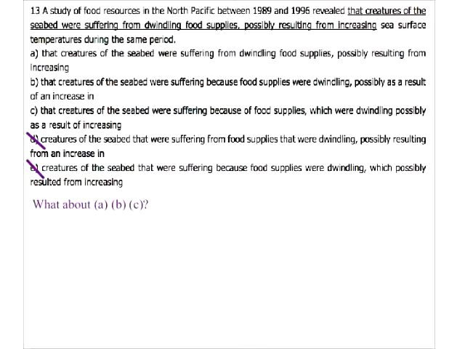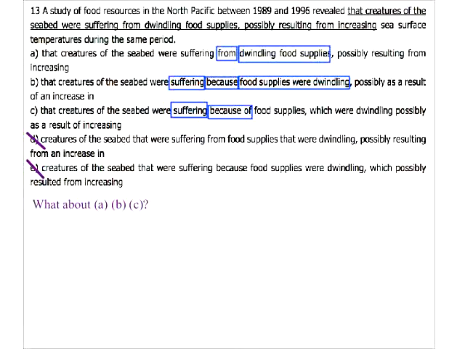There is grammar tied into this whole thing, but this is suffering from the supplies themselves versus suffering because of a clause, versus suffering because of a noun again.